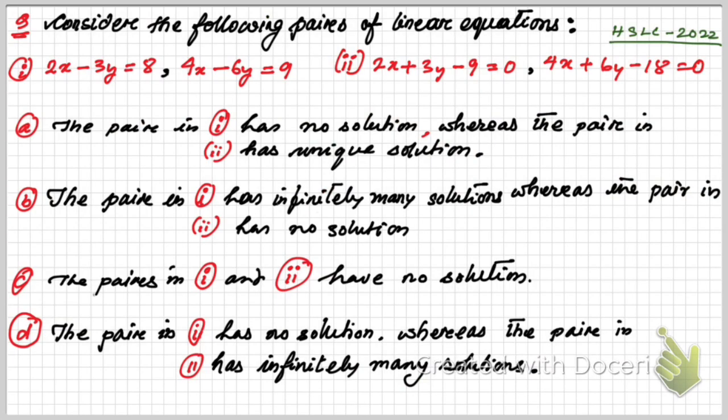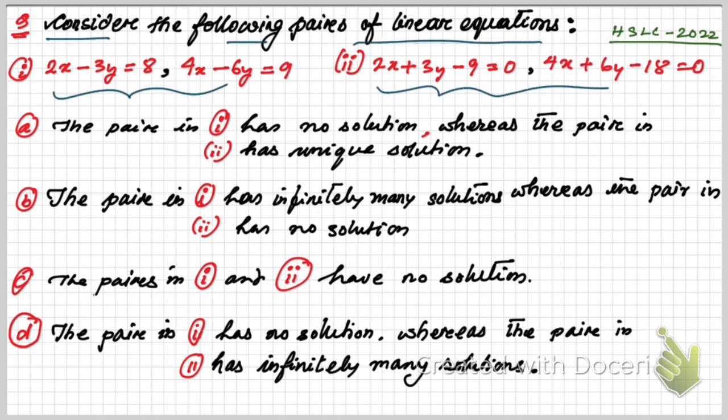This is a similar type of question. Here consider the following pair of linear equations. We have two pairs, this one is the first pair and this one is the second pair, right? In the first pair of equations, we have the constant terms on the same side of the equal sign in both equations, so we don't have to rearrange the equations.